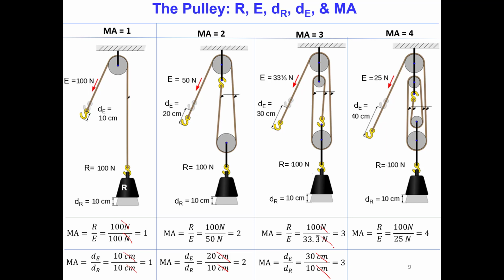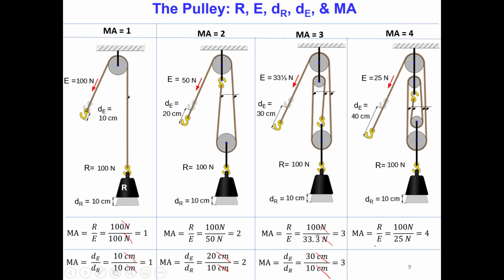The same happened with the last example. We had mechanical advantage 4, counting 1, 2, 3, 4. We count the number of strings that directly support the object, then the mechanical advantage equals 4.